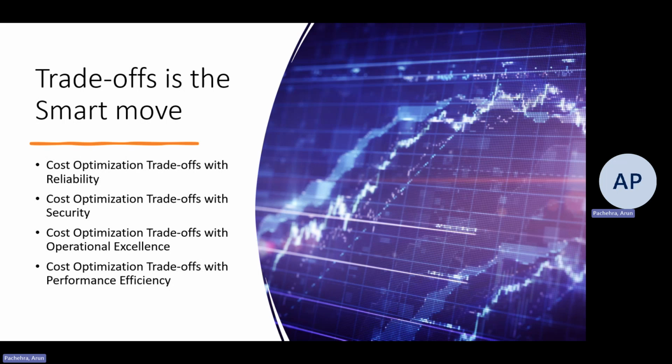So cost optimization, trading off with reliability, means balancing cost savings with maintaining system reliability, right? So let's take an example to understand it. Choosing a less expensive Azure service or resource might save cost initially. It will for sure, but can compromise reliability. I gave you the example of running a single VM or maybe running two VMs inside an availability set. You can enhance the availability by running these VMs in the zone or running in between the regions.